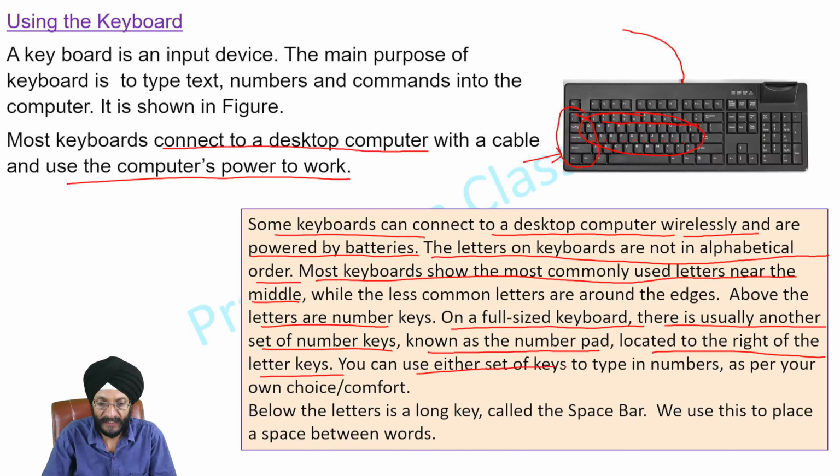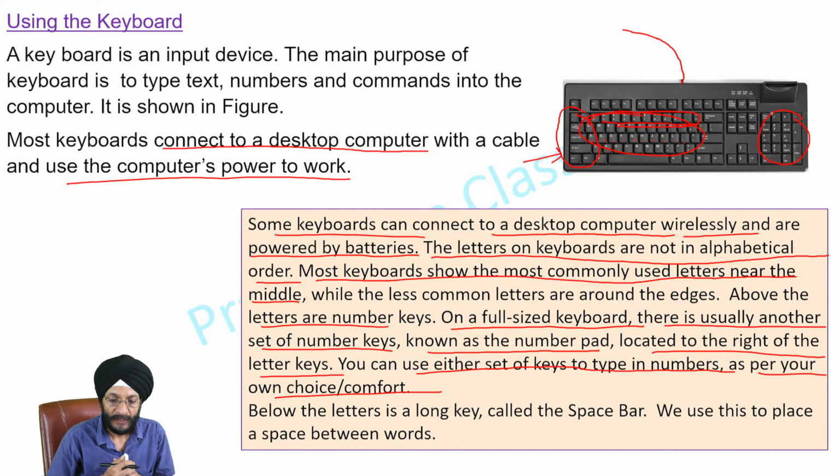You can use either set of keys to type in numbers as per your own choice or comfort. That is, if you want to type 1, 2, 3, you can use keys from here or you can use keys from here.